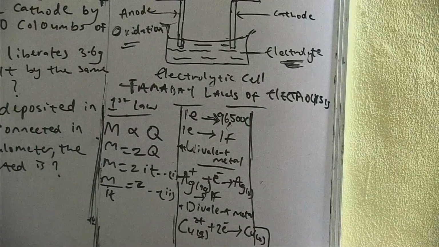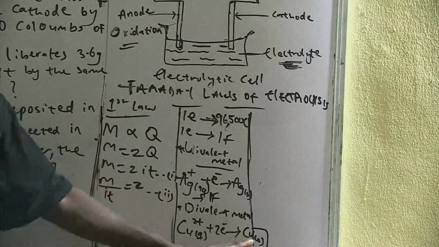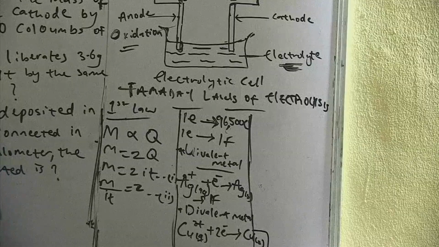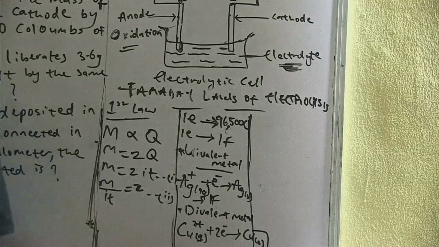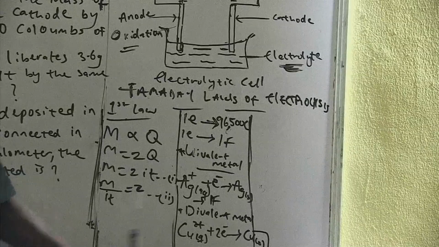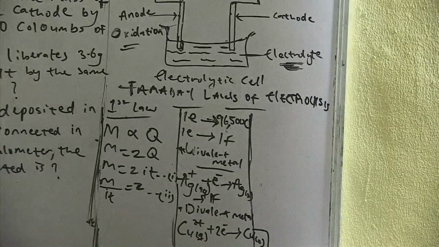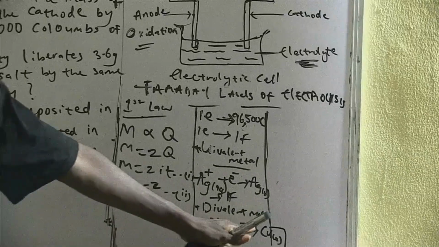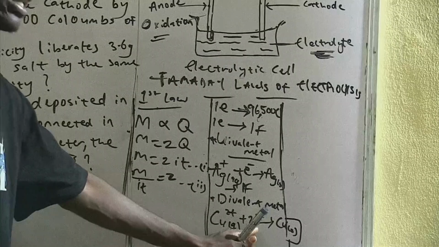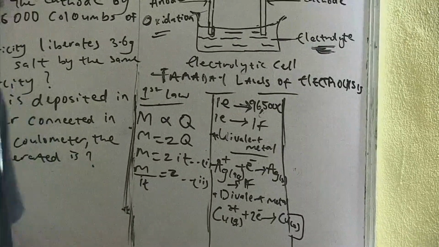Something like this requires 2 electrons to be deposited as copper. So from here you should know that 1 mole of copper requires 2 electrons, or you say 2 charge, to be deposited.